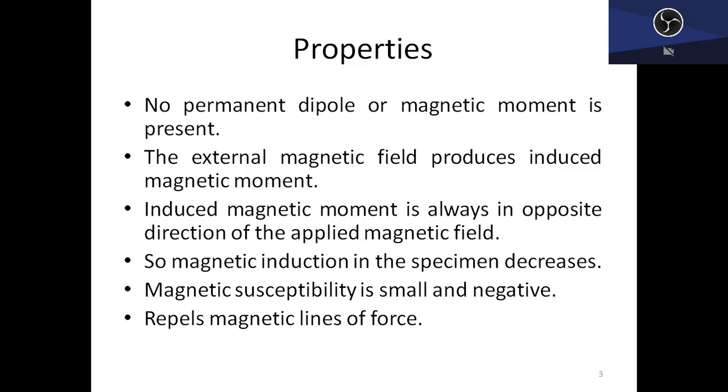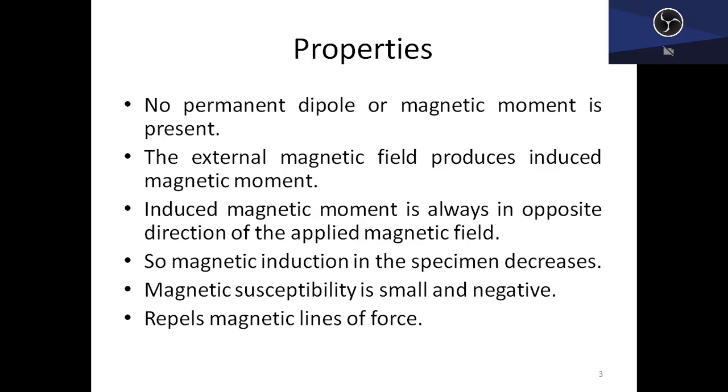You are aware that the applied field has a particular direction, and the magnetic material will have a particular direction of the field. For example, if you are applying the field horizontally, the magnetic moments are induced in exactly the opposite direction.